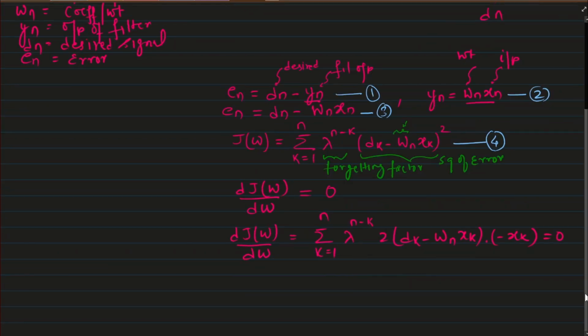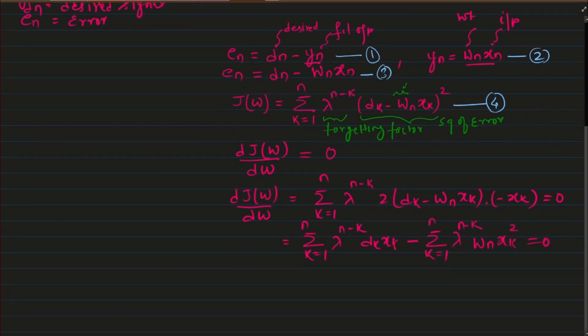Once we do that, we can take this 2 and minus sign to the other side and get rid of it. So what remains now is x(k) multiplied by d(k), with k equal to 1 to n again, and minus w(n) times x squared. Now this is equated to 0.